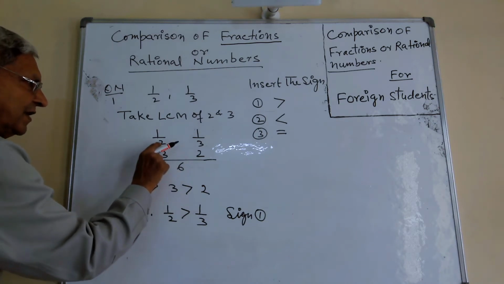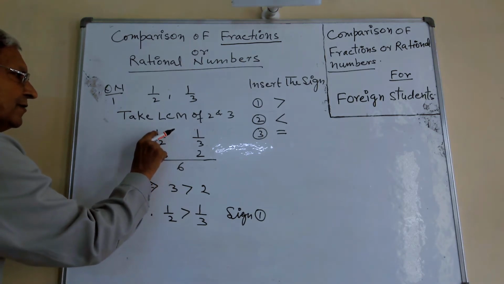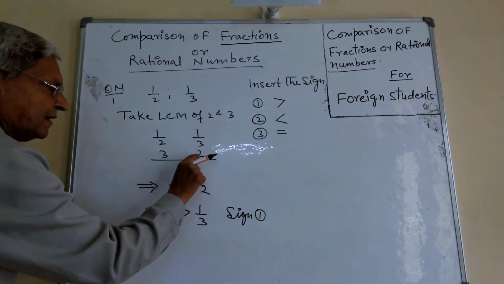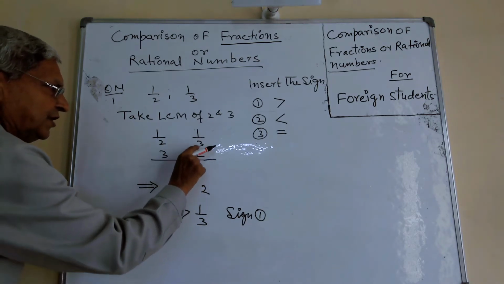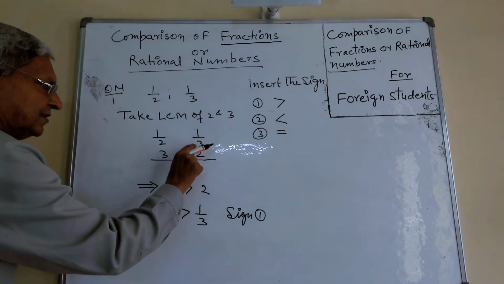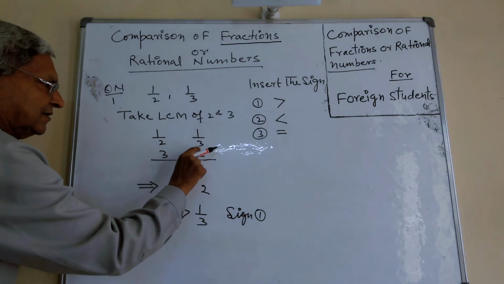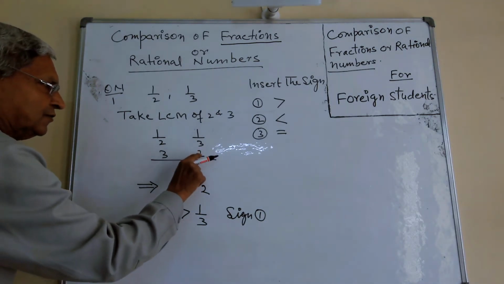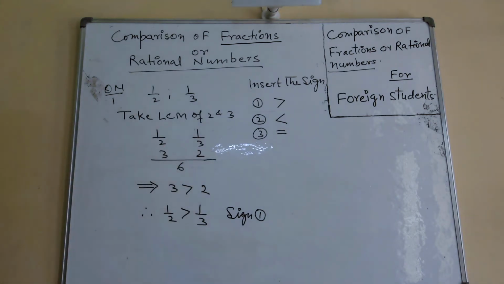6 divided by 2, you get 3, and 3 multiplied by 1 is 3. In the same way, 6 divided by 3, you will get 2, and 2 multiplied by 1 is 2.